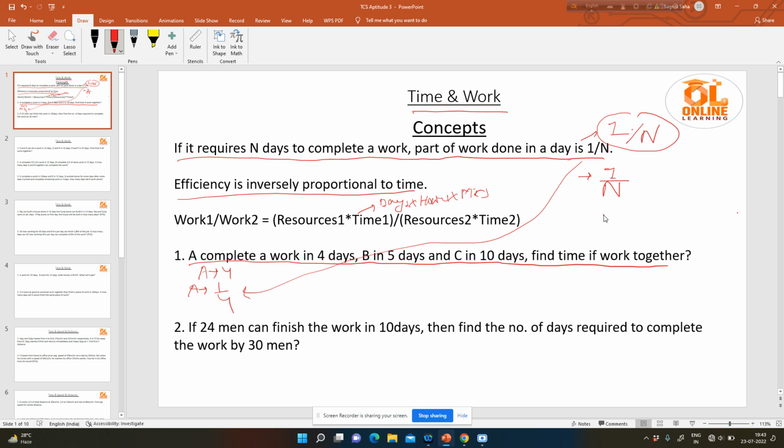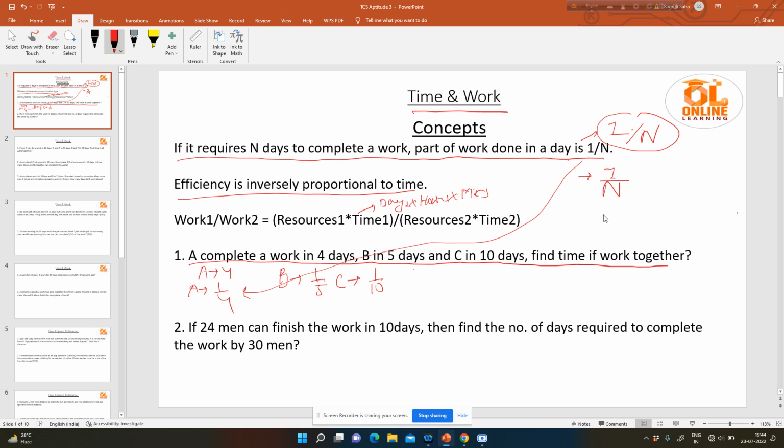In time and work problems, we always convert the question to the part of work done in 1 by n days, where n is the number of days to complete the work. So part of work done by A in 1 day is 1 by 4, same for B it is 1 by 5, and for C it is 1 by 10.